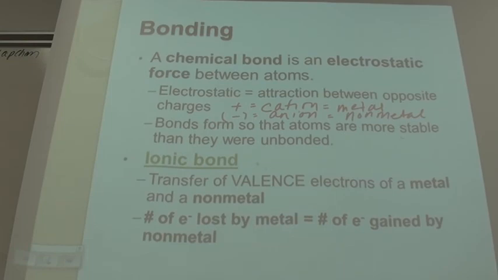In an ionic bond, what you need to remember is it is a complete transfer. The metal gives up the electrons and the non-metal gains the electrons. The number of electrons lost by a metal must equal the number of electrons gained by a non-metal. That makes sense. Here, watch this.